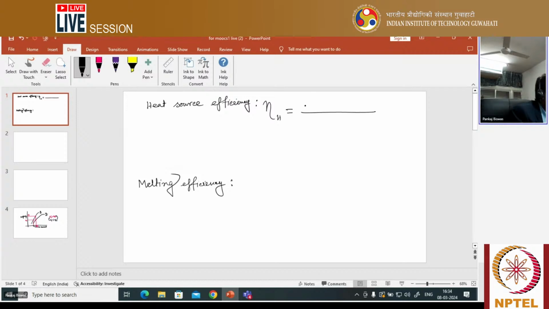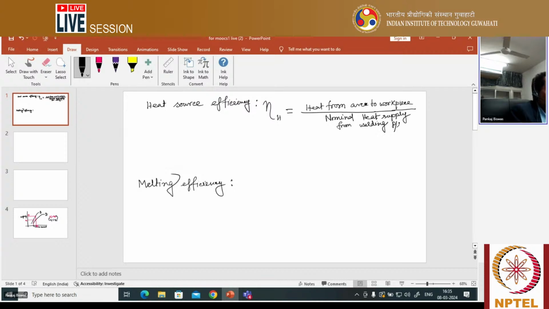So heat source efficiency means heat from arc to workpiece divided by nominal heat supply from the welding power source.